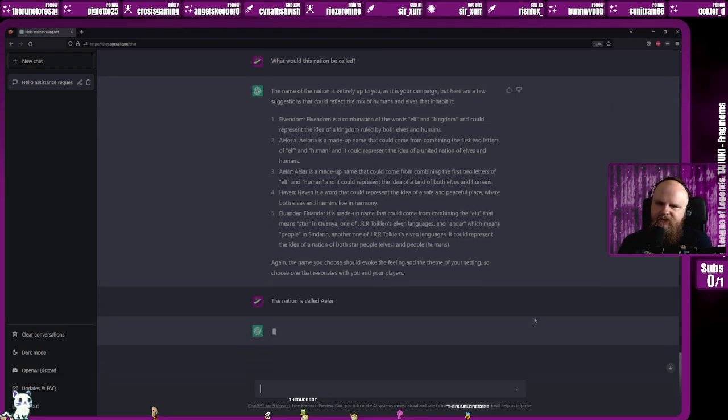And now it's going to tell us a long story about why this is a good name, when I just want to verify to it that that's what it is. So then we can go into what is the form of government in Alar. It is likely to go with kingdom as its first suggestion. But we'll see.